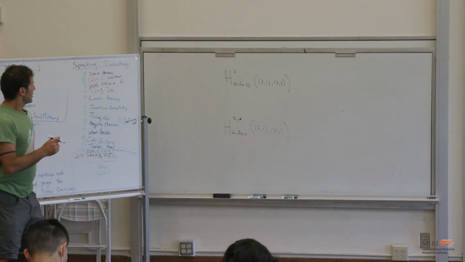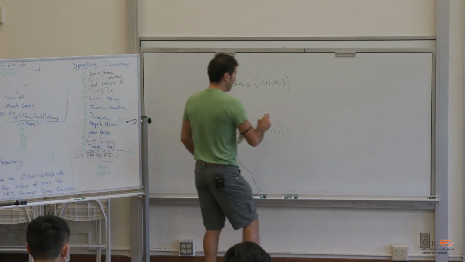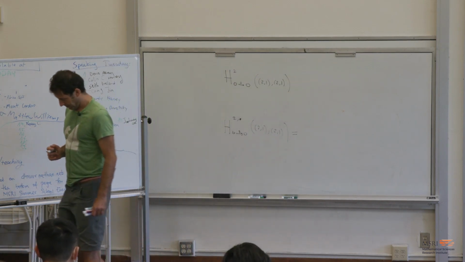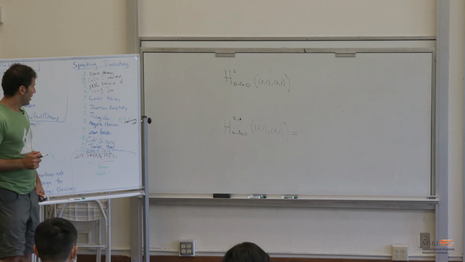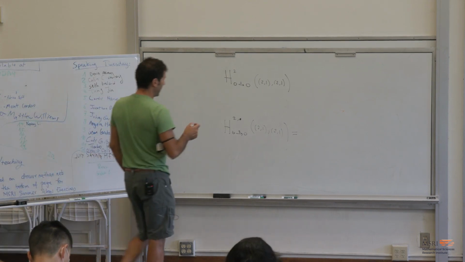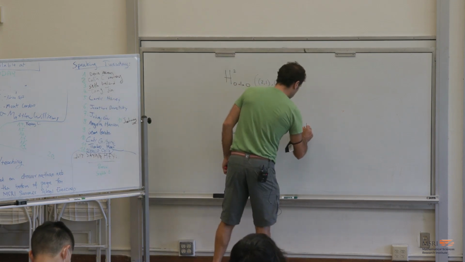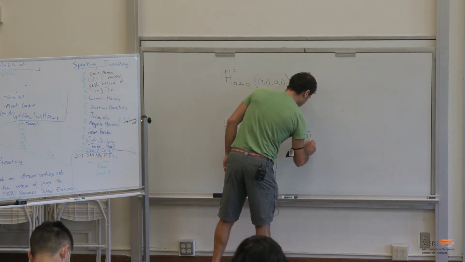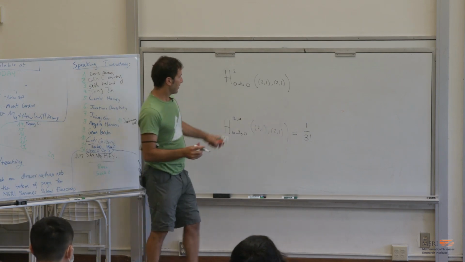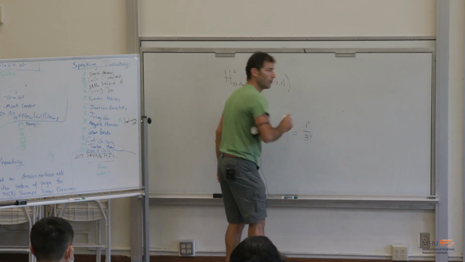Okay, so let's start from the disconnected problem, which is simpler because it has one fewer condition. Here what I'm counting is 1 over 3 factorial. These two permutations do not have any automorphism, so the product of the automorphisms is 1 times 1.